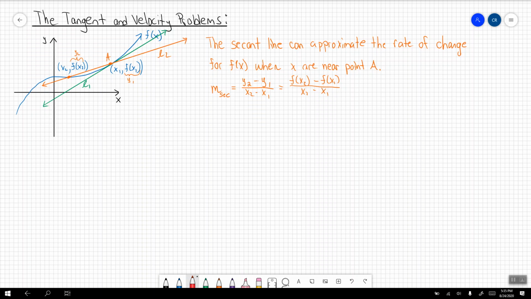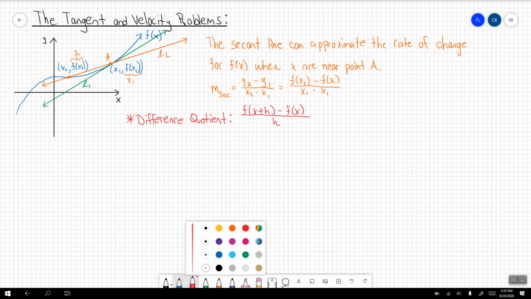So I'm going to write here the difference quotient. And this difference quotient, again, it's going to be beneficial for us, where we have f of x plus h minus f of x, all divided by h.